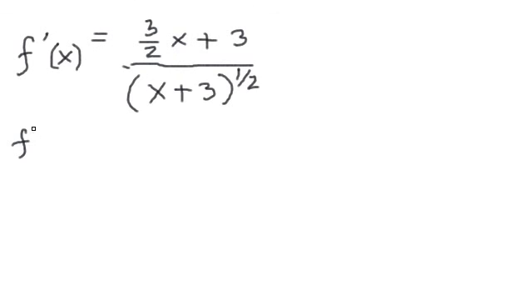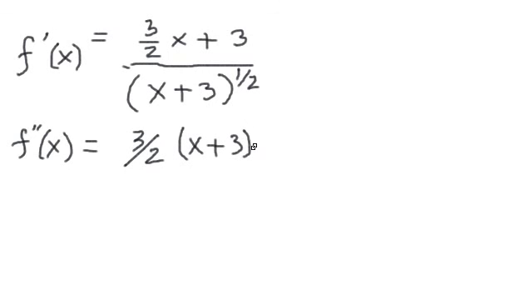So f double prime of x is equal to, so we're going to use the quotient rule, taking the derivative of the numerator, and we're just going to be left with, excuse me, the derivative of the numerator is just 3 halves times the denominator, which is x plus 3 raised to the half, and then minus the numerator, 3 halves x plus 3, and then the derivative of the denominator.